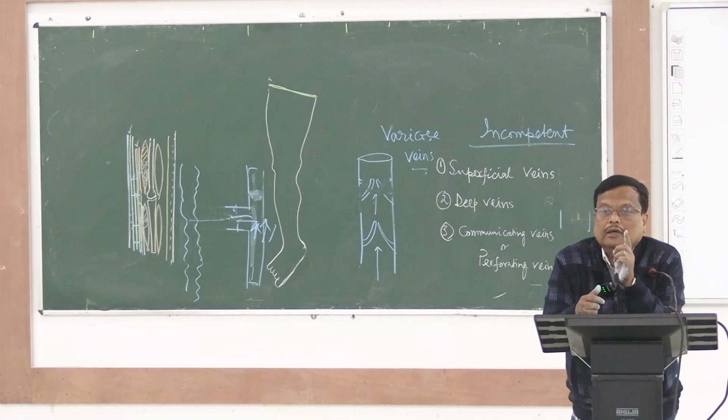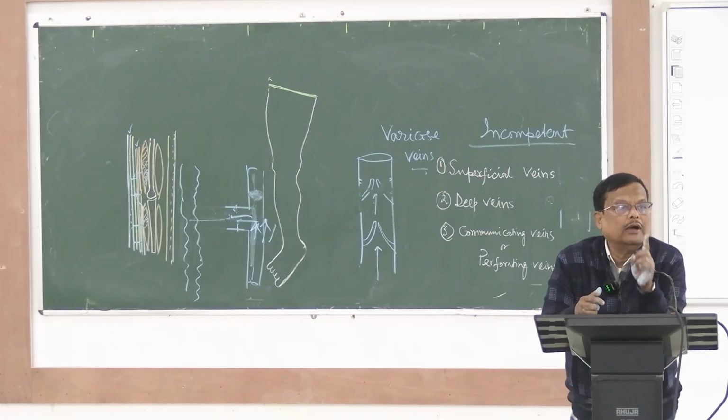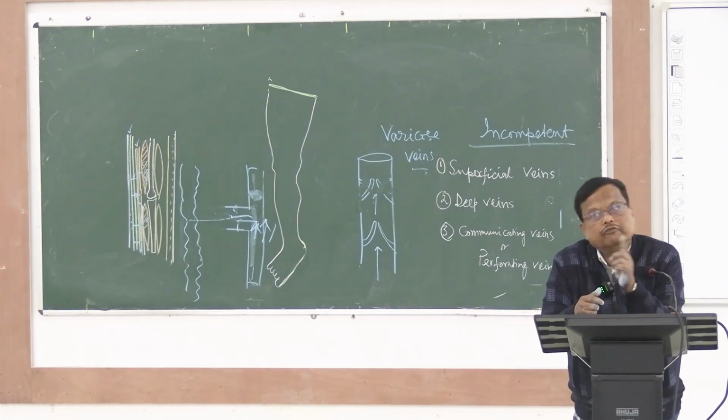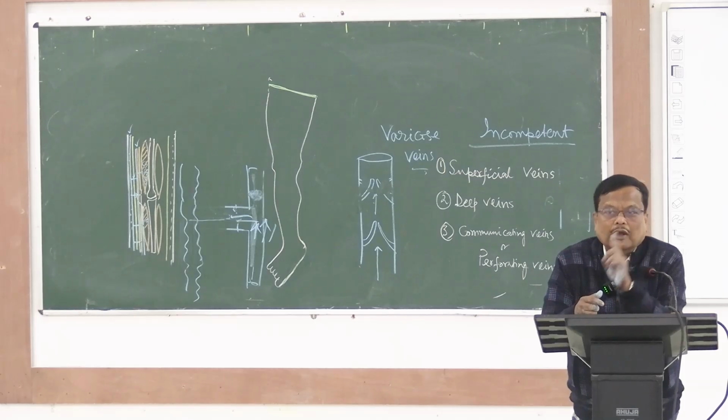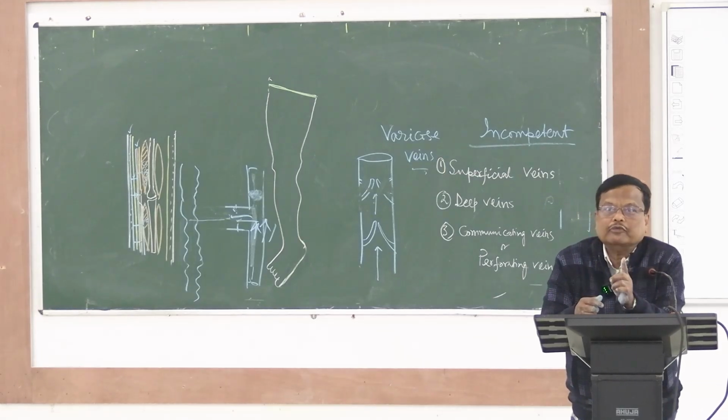The axillary artery, the femoral artery, is accompanied by a corresponding vein. Artery is one, vein is also one. One axillary artery, one axillary vein. One femoral artery, one femoral vein.